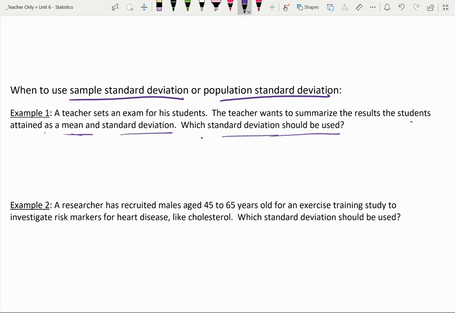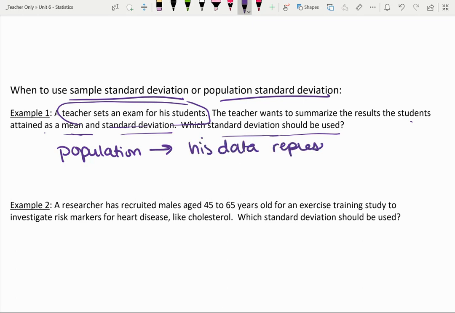Well, if we consider who the population is, this teacher's students, I think for that, we could very well have information from the entire population. So his data, he's not just taking 10 out of 150 students, he's taking data that represents the entire population, which in this case, again, is his students.